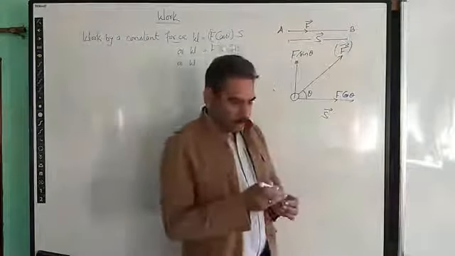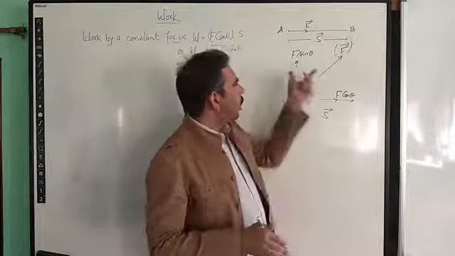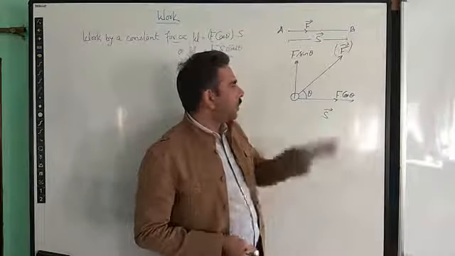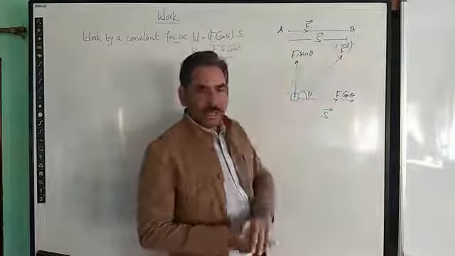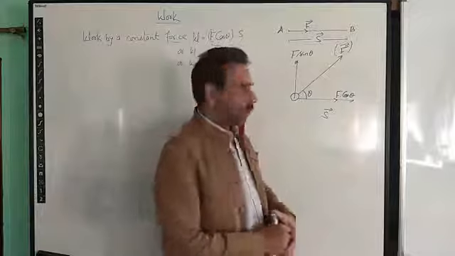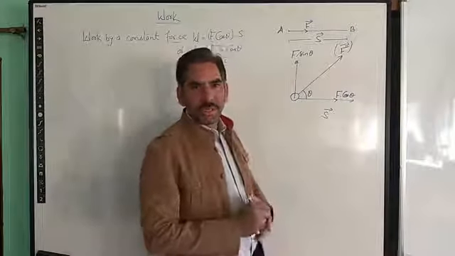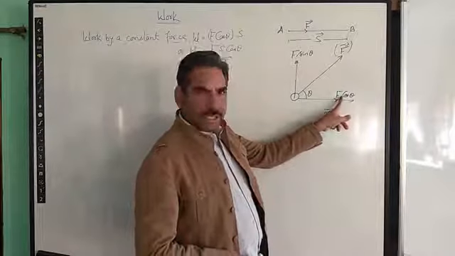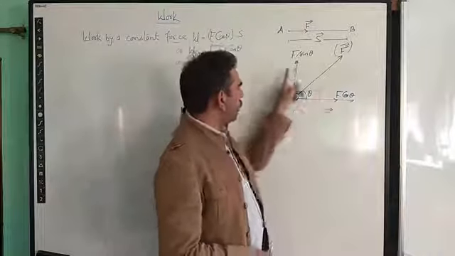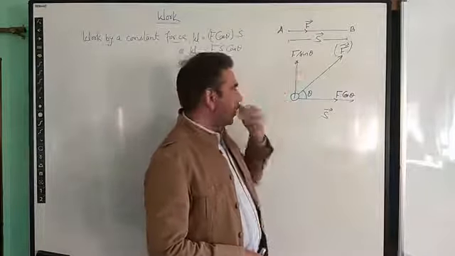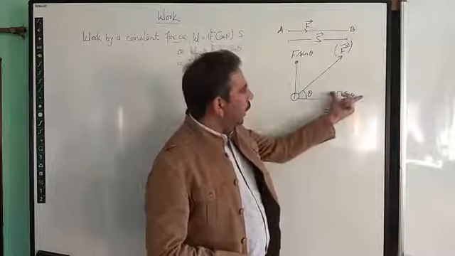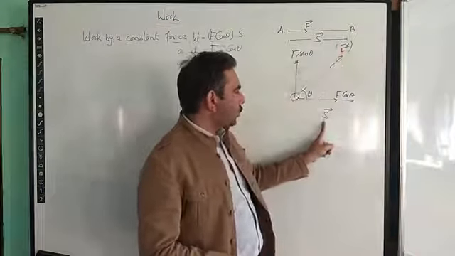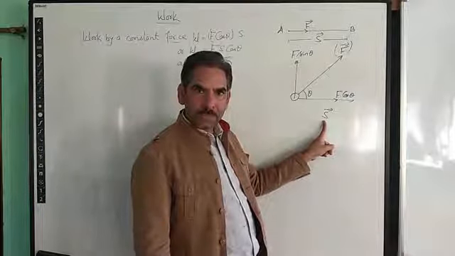There can be any number of pairs of components for which their resultant is equal to F. So for the simplification of our calculation, we take two rectangular components, or two mutually perpendicular components. One is F cos theta, the other one perpendicular to this is F sin theta. So it is the F cos theta part of this force which is causing this displacement, right?